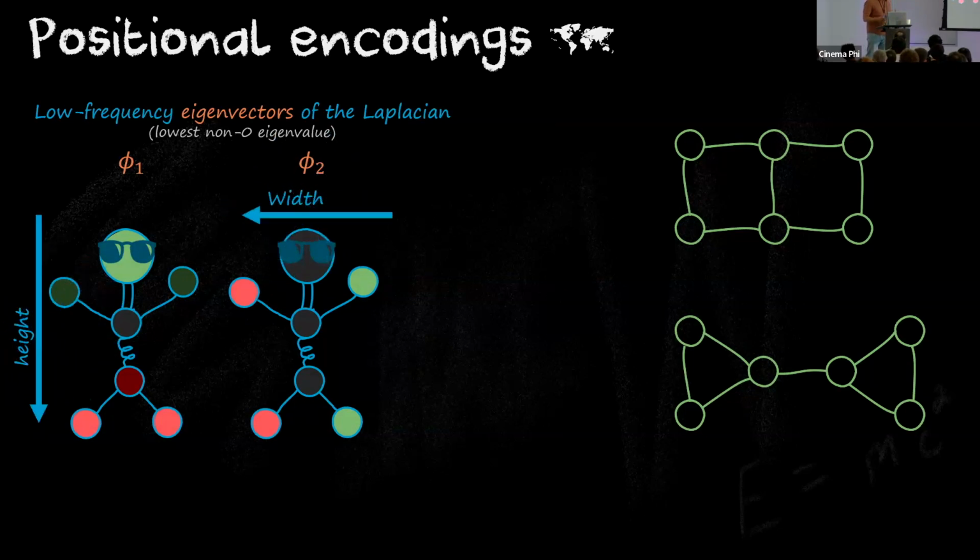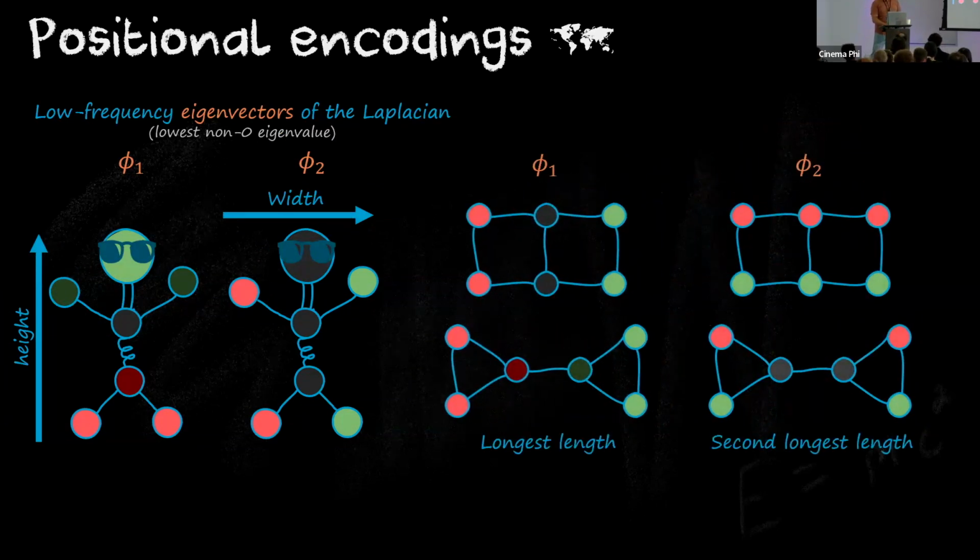One thing is that you can randomly flip the sign of these eigenvectors. There's no way of saying which is up and which is down, but you can say this is the longest length, this is the second longest length. And if you color the graphs by the position along the longest length and second longest length, using the Laplacian eigenvectors, this is what you get.